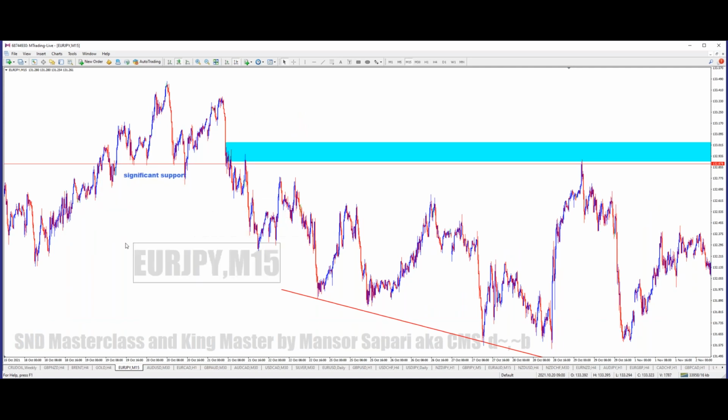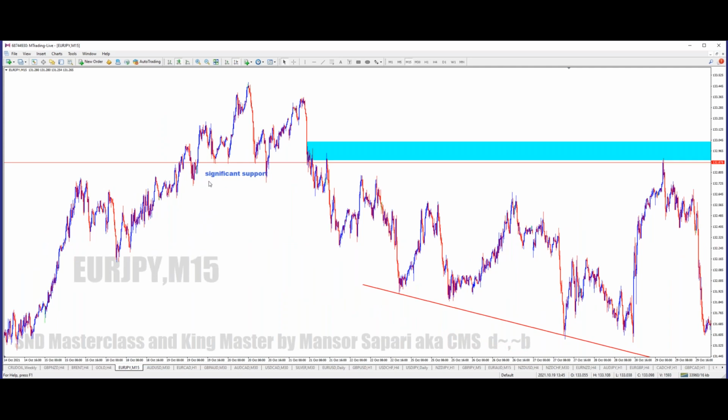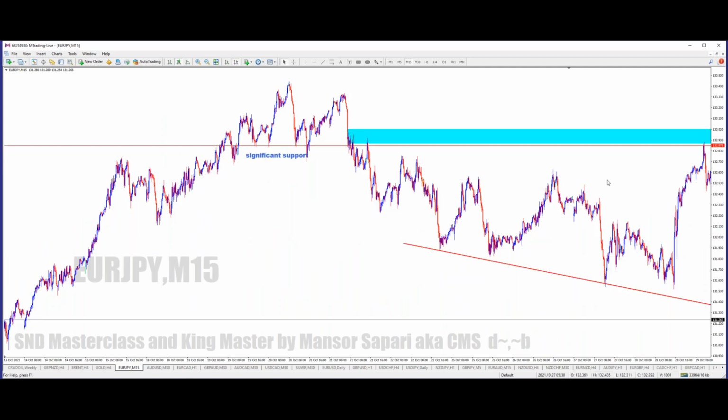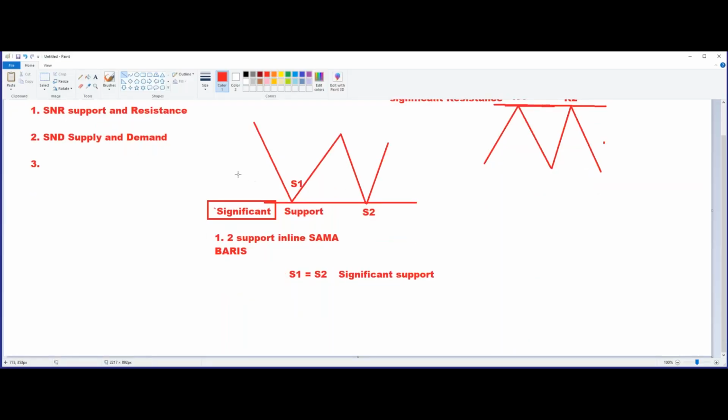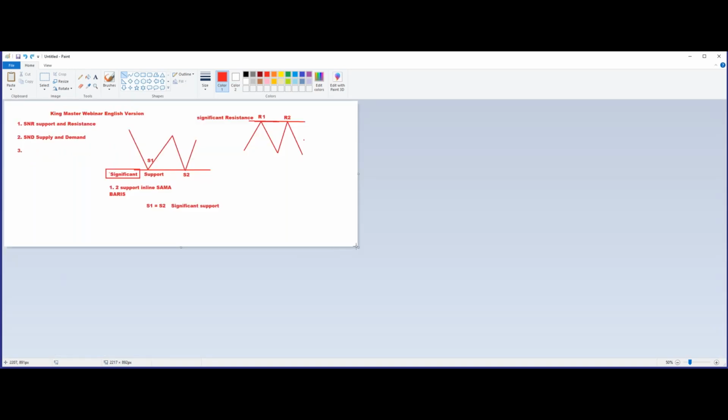All right. So far so good, significant support and significant resistance. I go back to the pin itself. Now, how about if we have two resistances, then suddenly let me make another place over here.